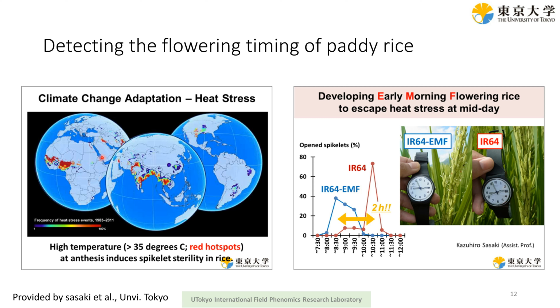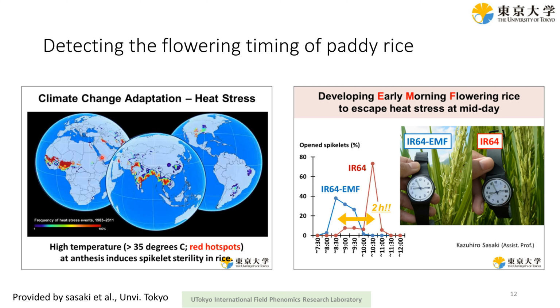Because frequent high temperatures decrease both the quality and the quantity of the grains of paddy rice, which is a very important crop for Asian populations. So the breeders tried to develop new varieties that start flowering earlier, and actually they did it.